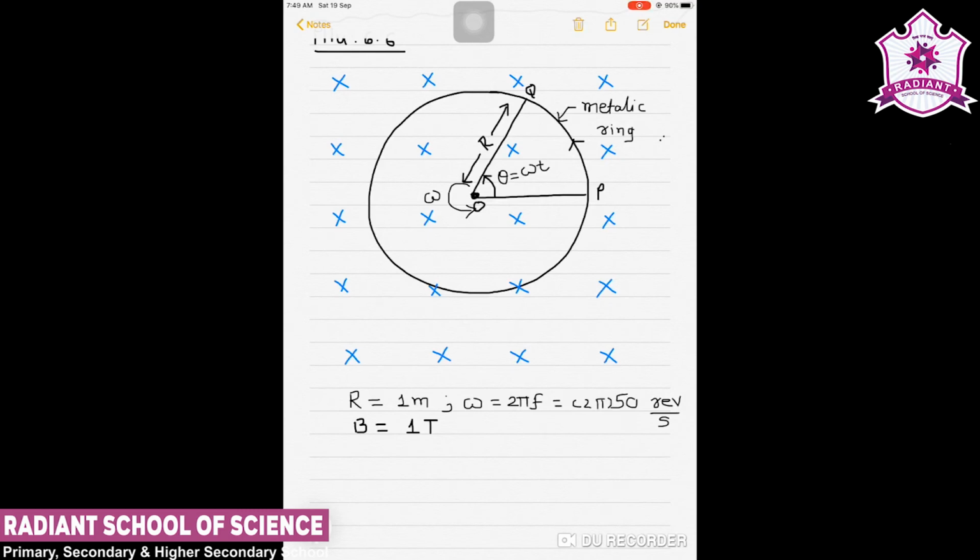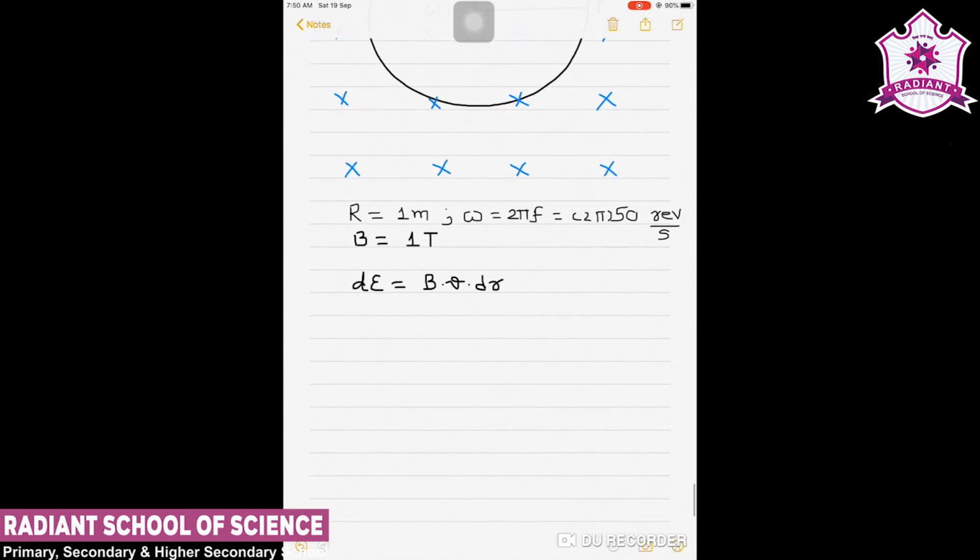Using this equation, we can say that the magnitude of the EMF generated across a length dr of the rod, that we have considered a small length of the rod as it moves at right angles to the magnetic field, is given by, that is, small EMF dE is equal to BV into dr. Now for the whole rod and whole arrangement, we can apply the equation in the following manner.